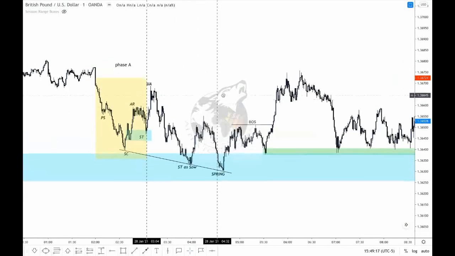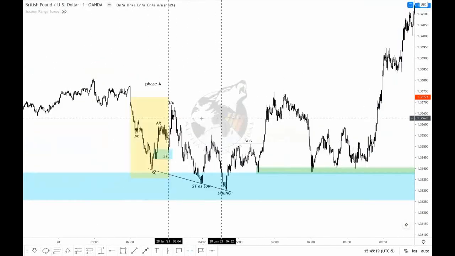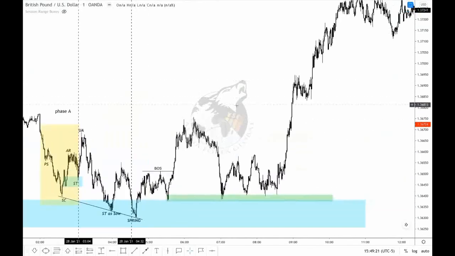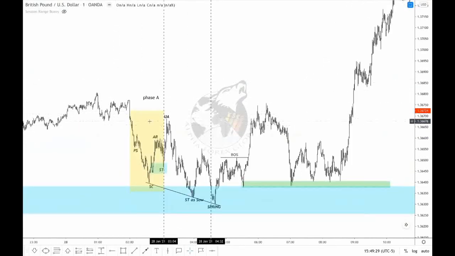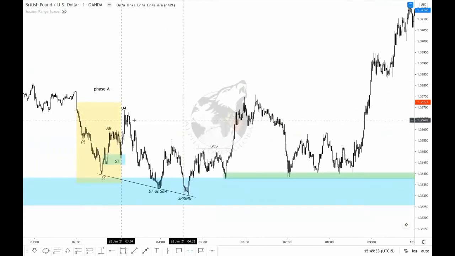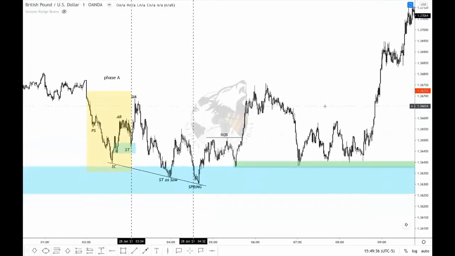I normally take my entries on the spring, but the safest way to take your entries is when the market is actually outside, right? When the market actually breaks out of the consolidation zone, which means that it breaks the UA. So you'd wait until the market breaks the UA and then gives you that retest.